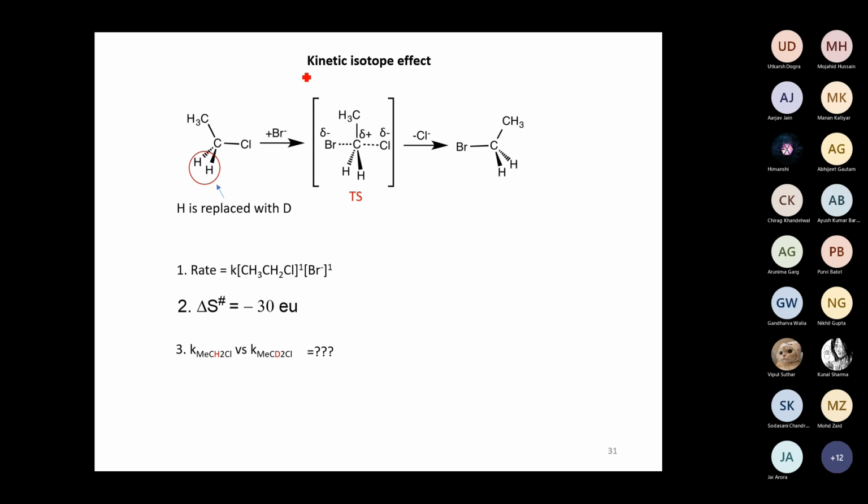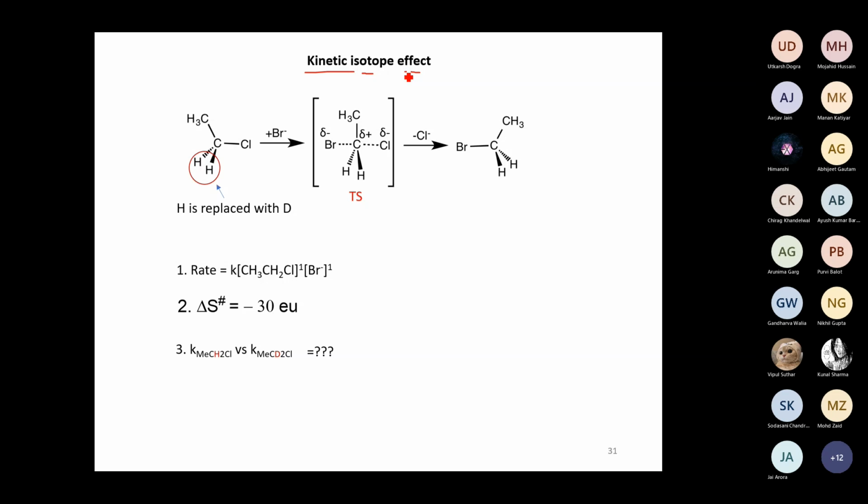So you can see the title, kinetic isotope effect. It means what is the effect of isotopes on kinetics? Kinetics means the kinetic barrier, or more simply, the effect of isotopes on the rate constant.